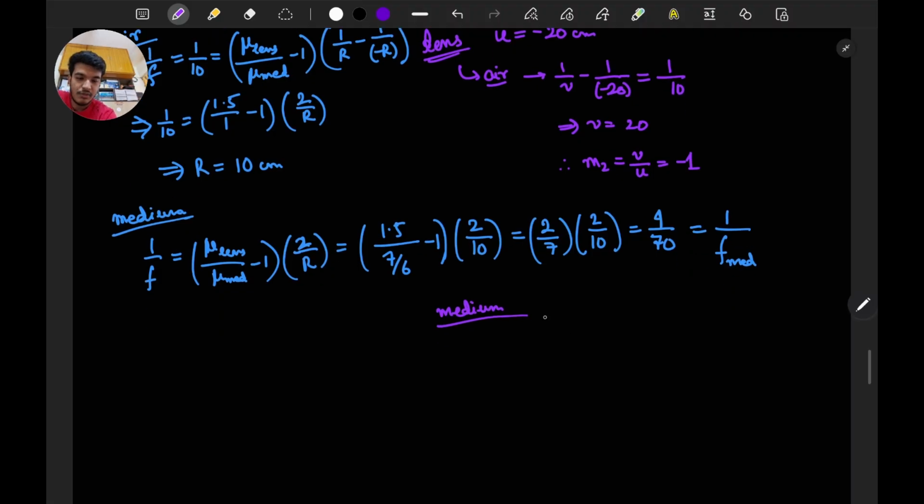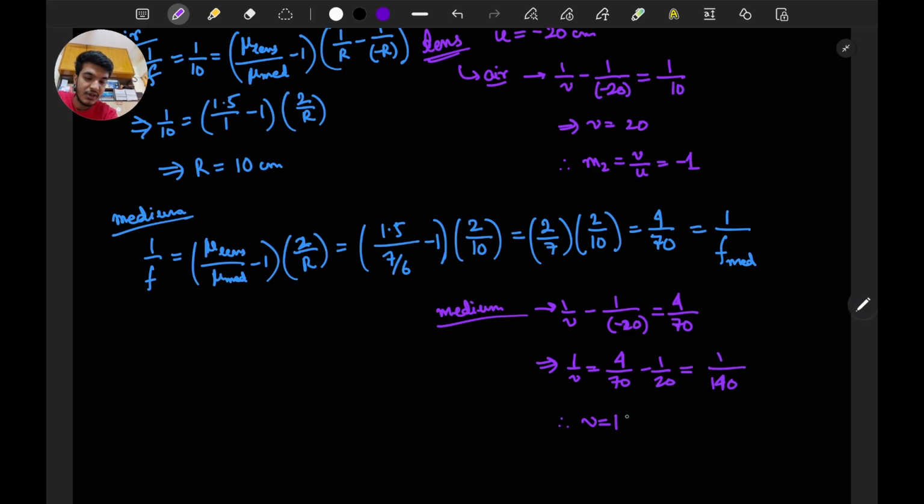So now in the medium, we find 1 by V minus 1 by minus 20, and this is 1 by F medium, which I found to be 4 by 70. So 1 by V equals 4 by 70 minus 1 by 20. And this would turn out to be 1 by 140.